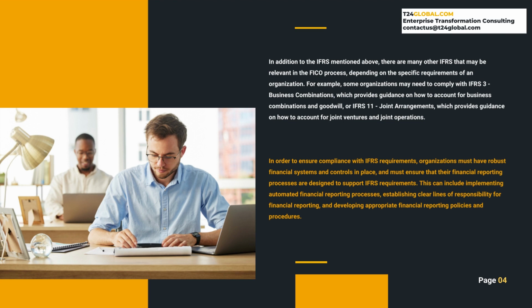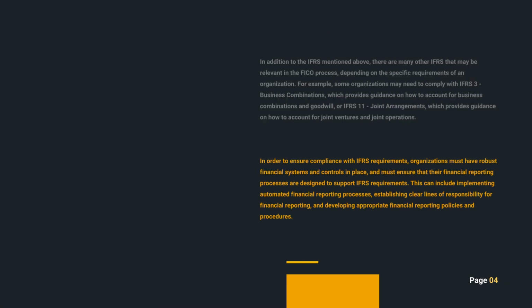place, and must ensure that their financial reporting processes are designed to support IFRS requirements. This can include implementing automated financial reporting processes, establishing clear lines of responsibility for financial reporting, and developing appropriate financial reporting policies and procedures.